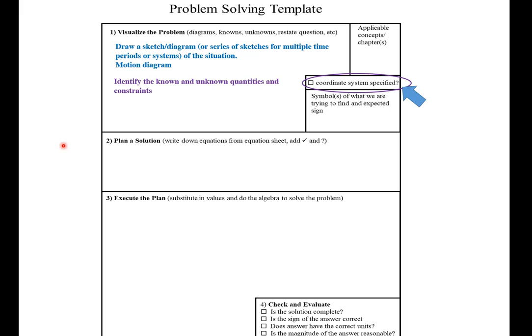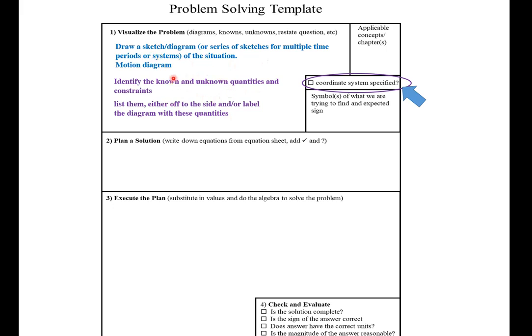So you should be able to list down the knowns and unknowns under this section. You can just list them either off to the side or label the diagram with these quantities.